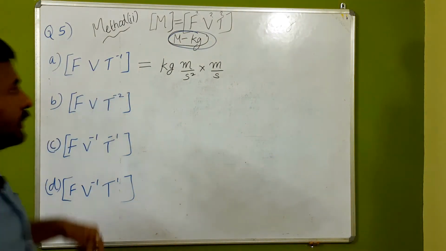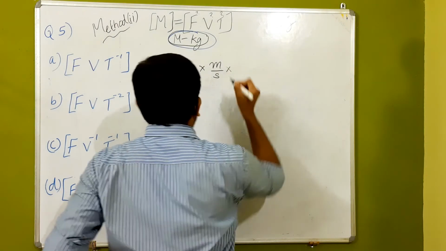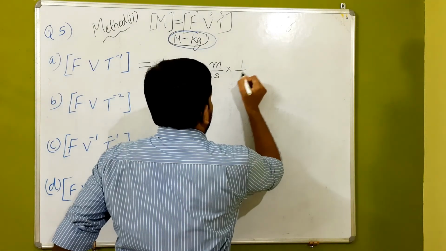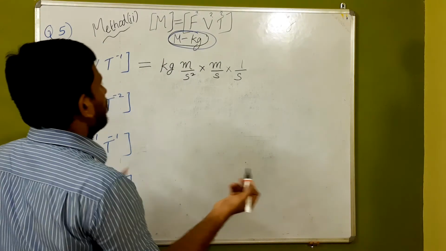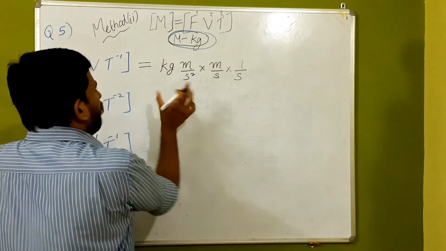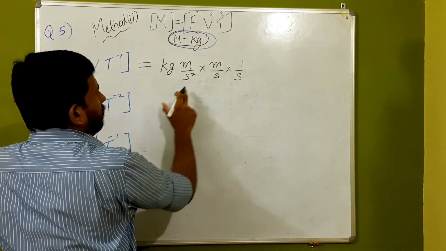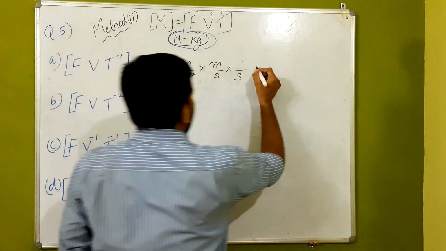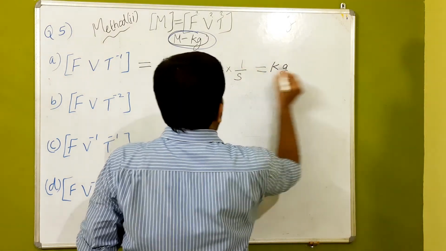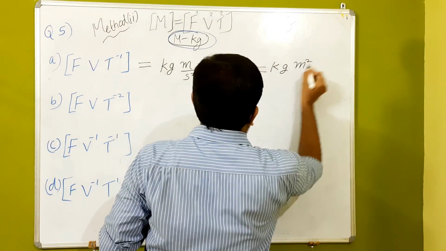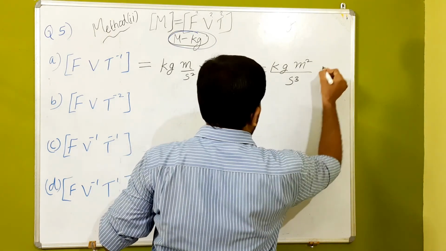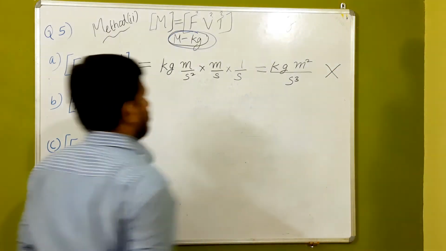Time is second, but time inverse is 1 by second. Comparing these, we won't get the unit kilogram because there is nothing to cancel, and we will get kilogram meter square per second cube. So this is not the answer.